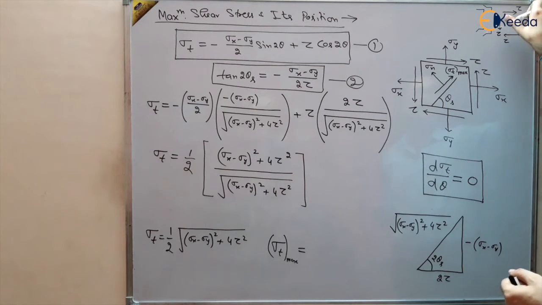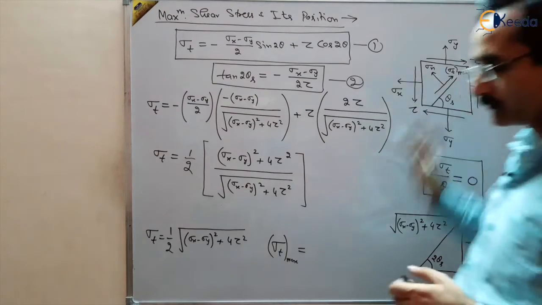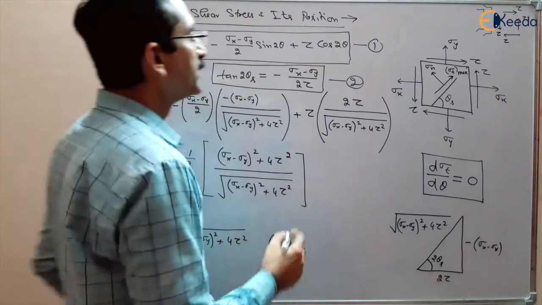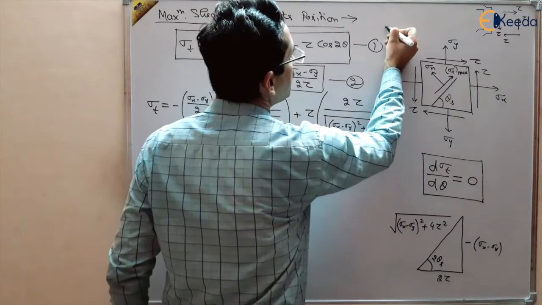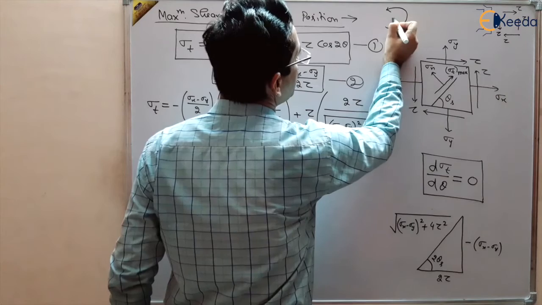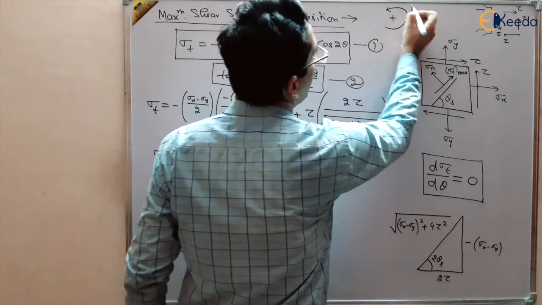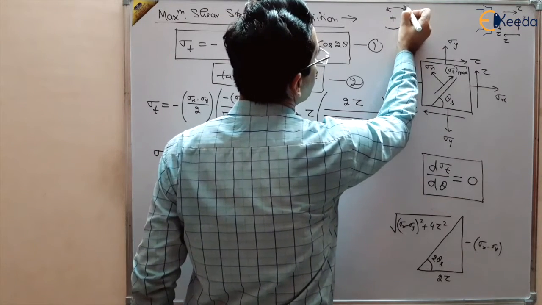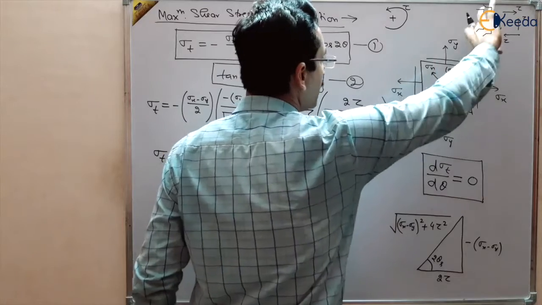So anti-clockwise shear stress is positive and clockwise is negative, right? Here we are putting the sign convention that this type of shear stress, which is making an anti-clockwise couple, is positive, and here I am writing tau. Basically this is shear stress in the anti-clockwise direction.